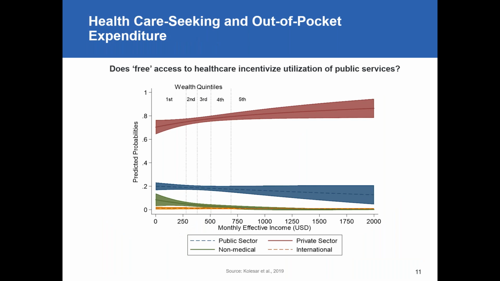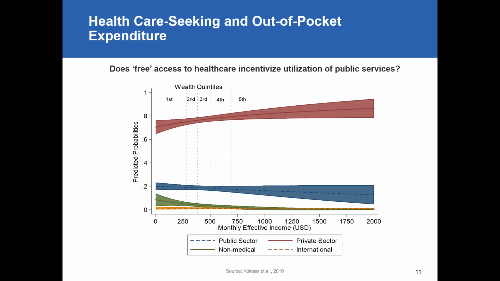We also tested the assumption that free access to healthcare incentivizes utilization of public services. We can see the predicted probabilities of healthcare seeking among rural Cambodians by provider type according to monthly effective income in US dollars on the x-axis after controlling for other predictors.